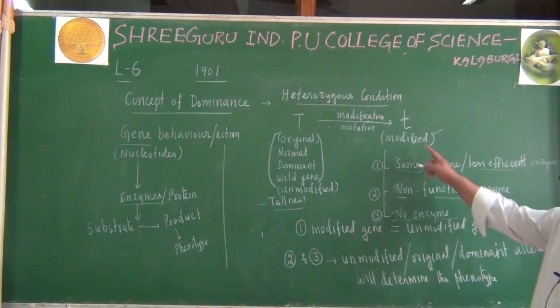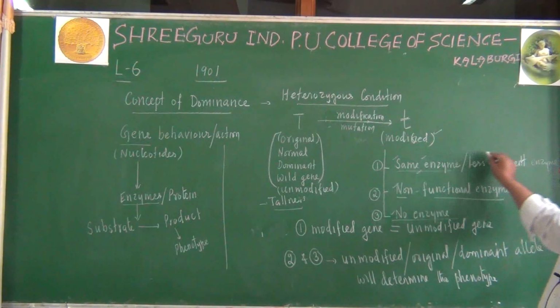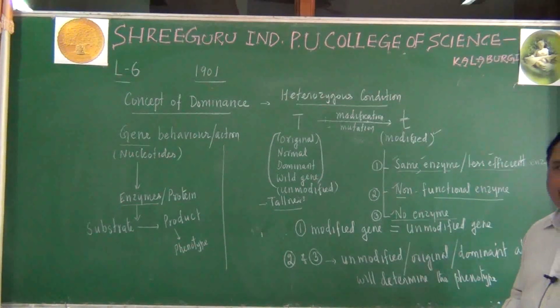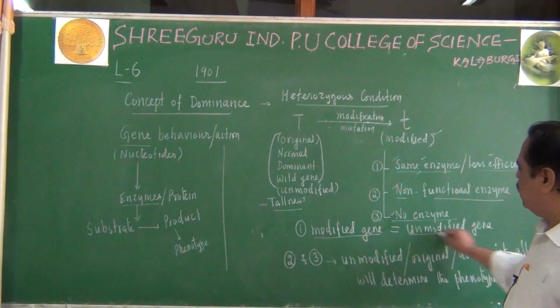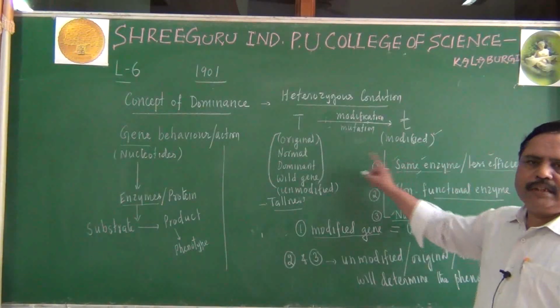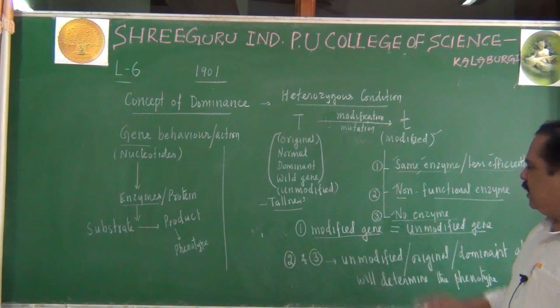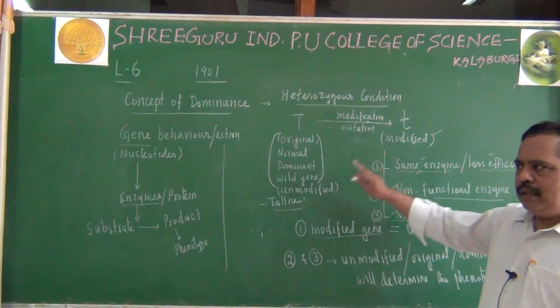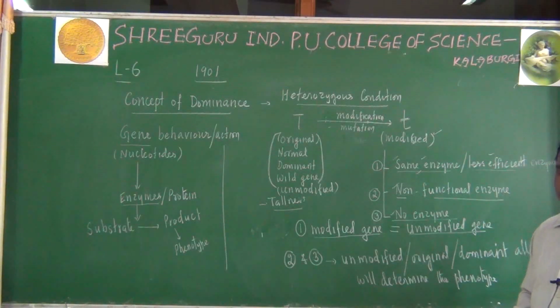If it behaves in the first way, we can say that both the modified gene and the unmodified gene are behaving similarly. Both are normal, both are equivalent. The modified allele and non-modified allele are equivalent with each other.